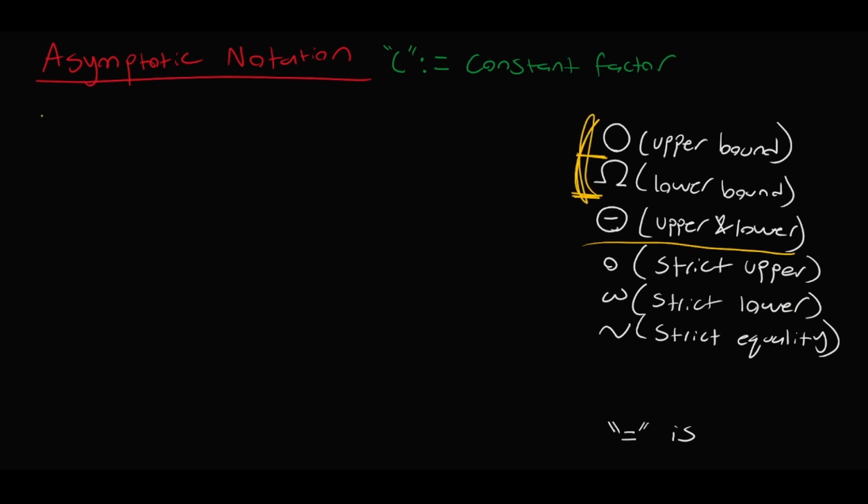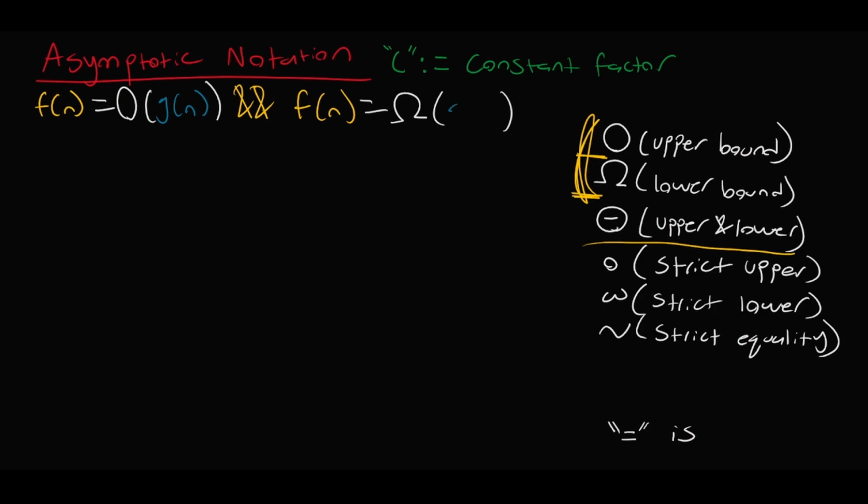So that means if we have f of n, that f of n is both big O of g of n, so this is big O right here, and this is also true: f of n is omega of g of n.